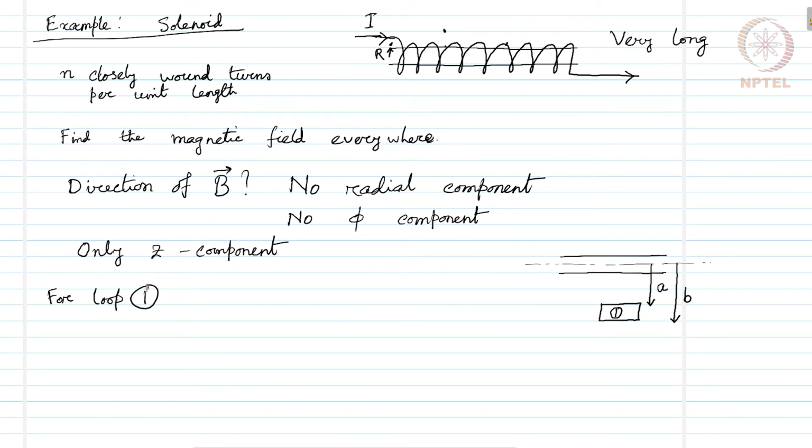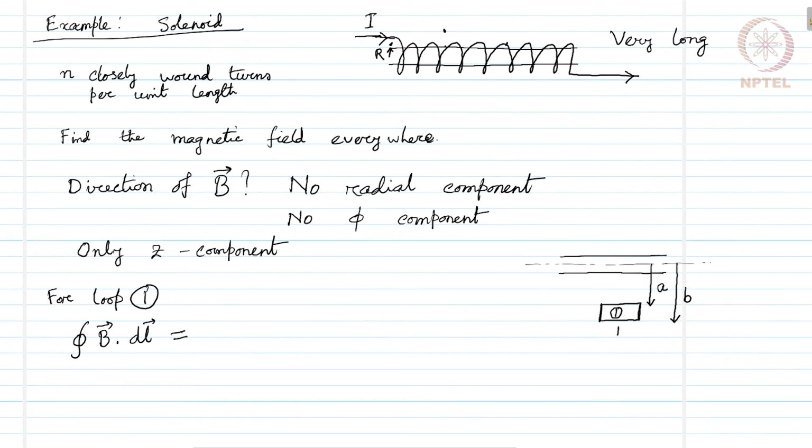For this loop, we can write down the closed line integral of B dot dl. Only the z component of the magnetic field is there, therefore we do not have any contribution from the short arms of this Amperian loop.